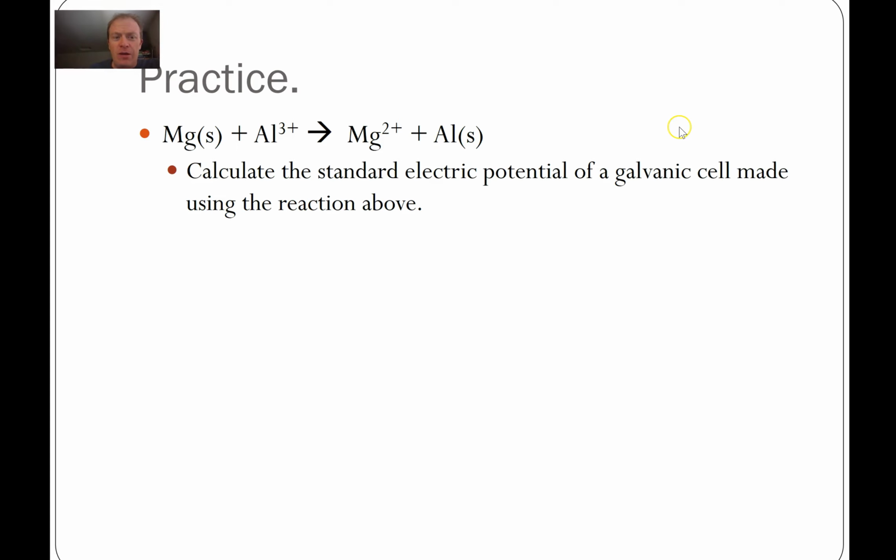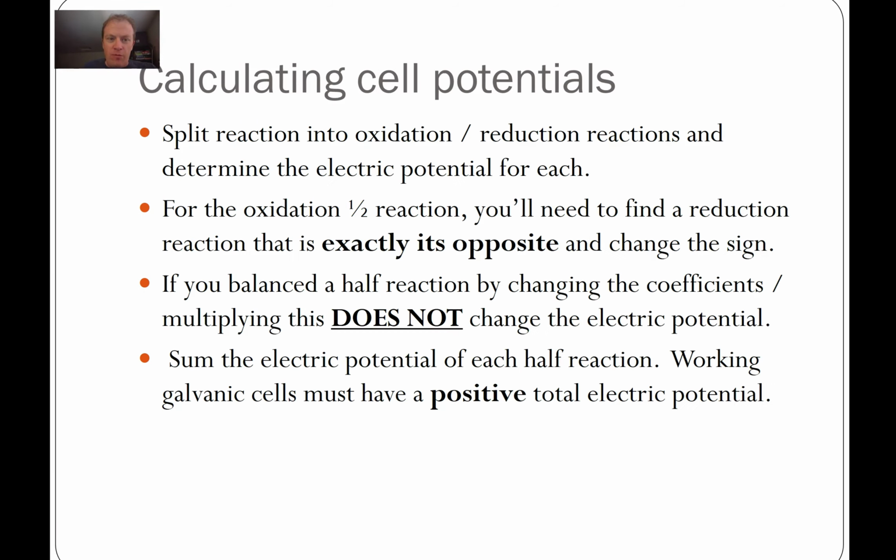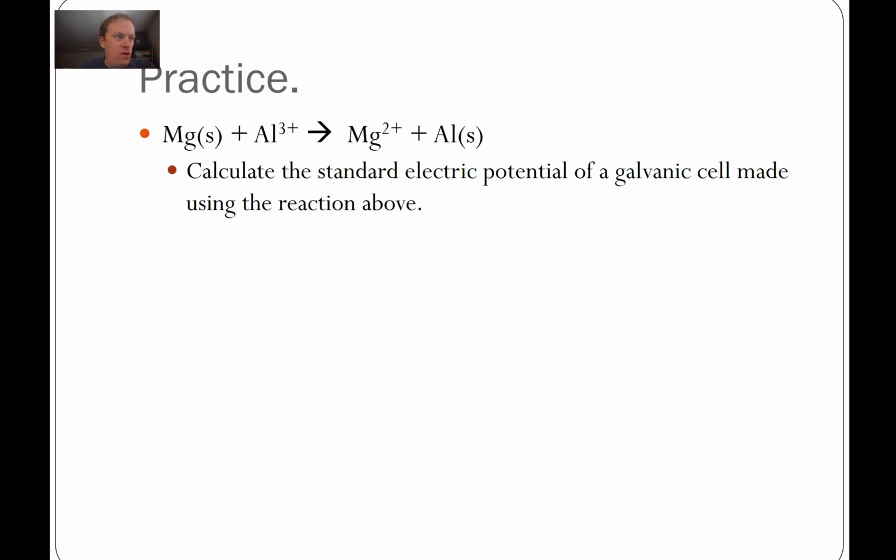So, let's take a look at this one. Let's say we've made a galvanic cell and it operates on this reaction. It has magnesium and aluminum electrodes, and this is the overall reaction. What kind of voltage can this cell produce? Let's calculate it. We're going to split this into the half reactions, figure out the potential of each one, and then simply add them together. This is already a net ionic equation.